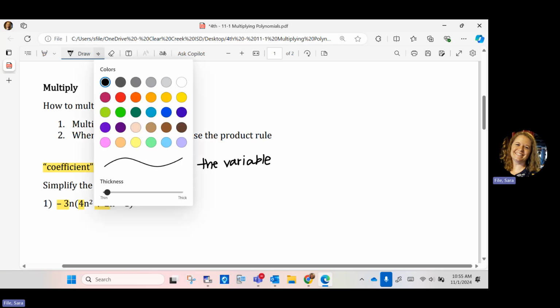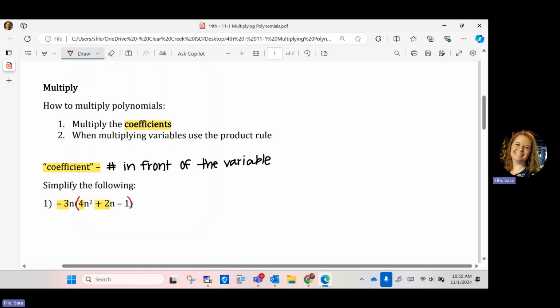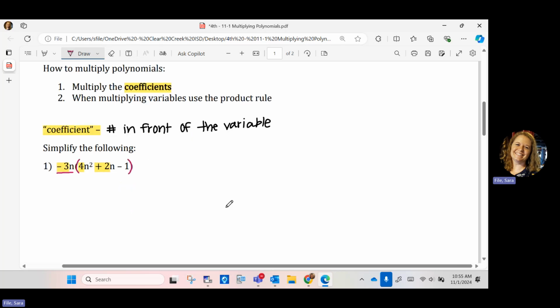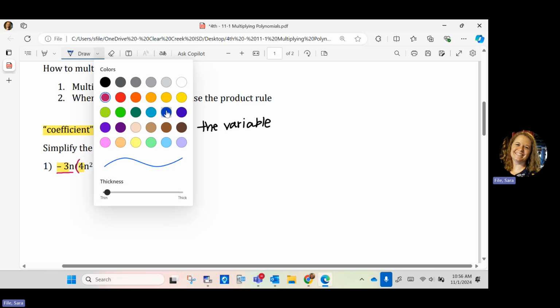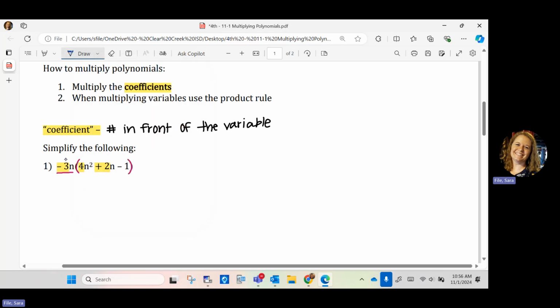Here we've got a monomial, meaning a single term, outside the parentheses, -3n. It's up against the parentheses, so that means it's being multiplied. So we have to multiply that -3n by each term inside the parentheses, distributing it to all 3 terms in this trinomial.